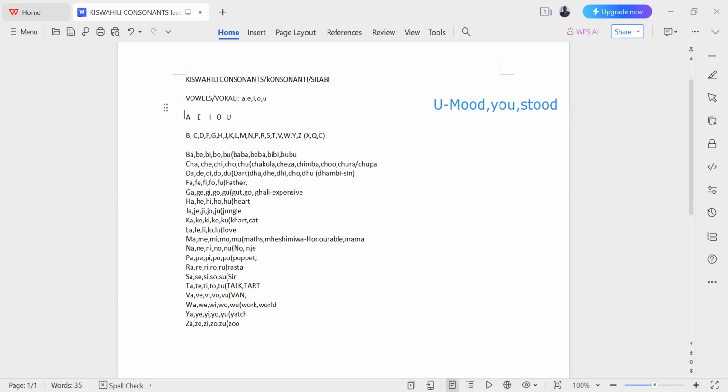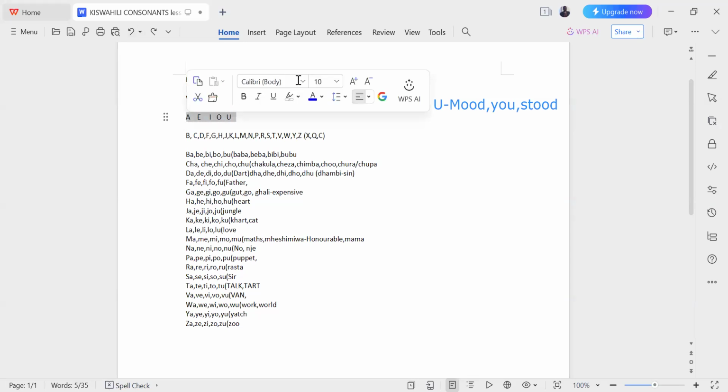There are only five vowels in Swahili, the same as in English. The vowels in Swahili are these ones here, the same way they are in English.